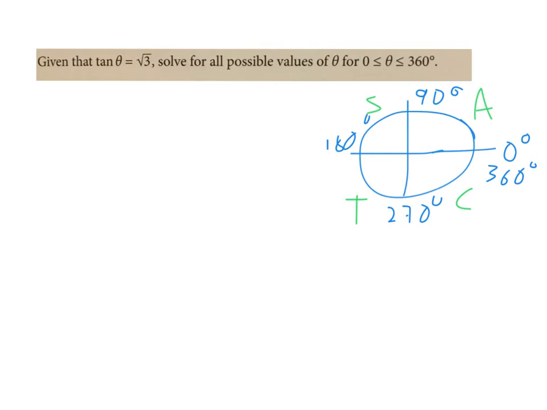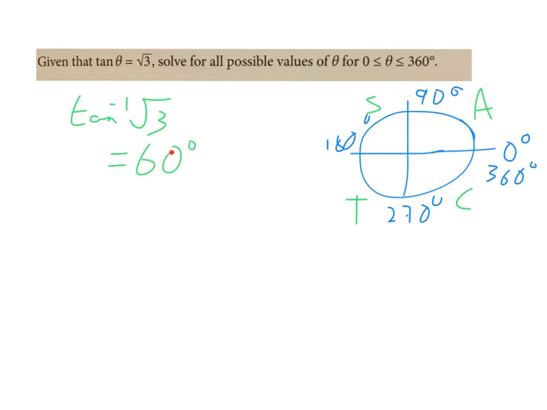So we can now look at our log tables if we like, because we're given a surd here, and we'll see what angle corresponds to the square root of 3. So if we work backwards, the tan inverse of the square root of 3, or you can just consult your log tables, is going to give you 60 degrees.